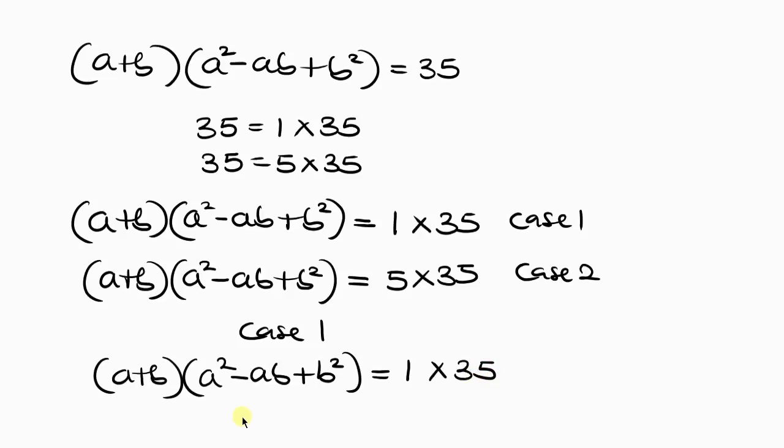Well, there is a truth to this, that a plus b is smaller than a squared minus ab plus b squared. That is always the case. So that means this smaller factor will be paired to this smaller factor of 35, and this bigger factor will be paired to this bigger factor of 35.